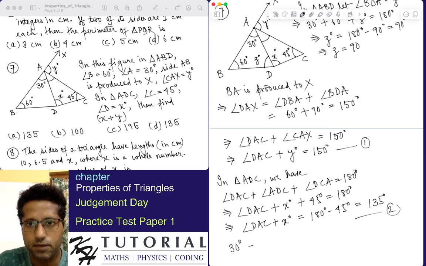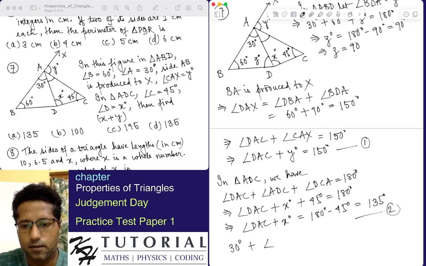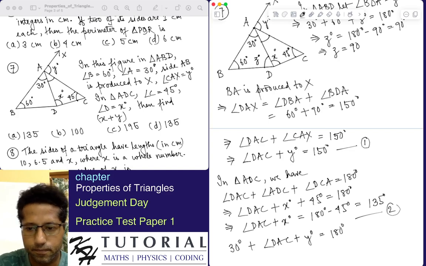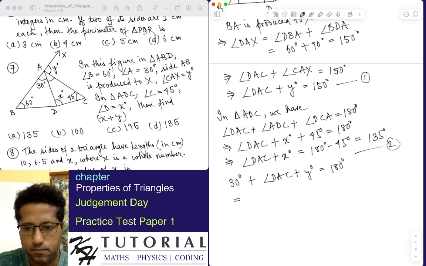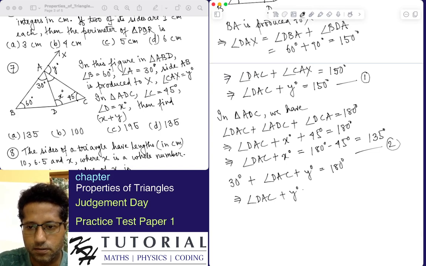So we must have 30 degree plus angle DAC plus Y degree is equal to 180 degree. Now this implies angle DAC plus Y degree is equal to 180 degree minus 30 degree. This is equal to 150 degree.